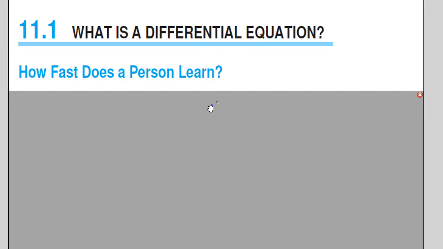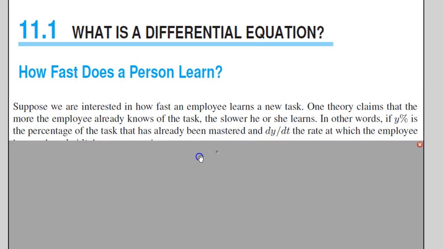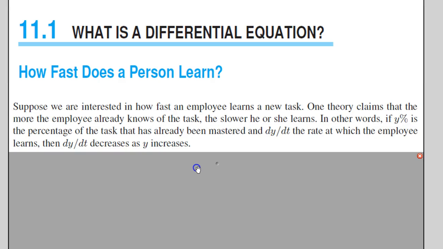Let's say we want to know how fast a person learns a particular skill. One theory, I'm not saying it's accurate, claims that the more the employee already knows of the task, the slower he or she learns.